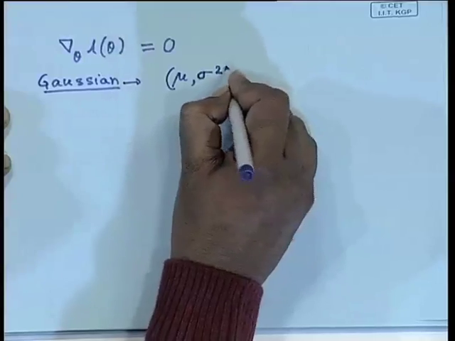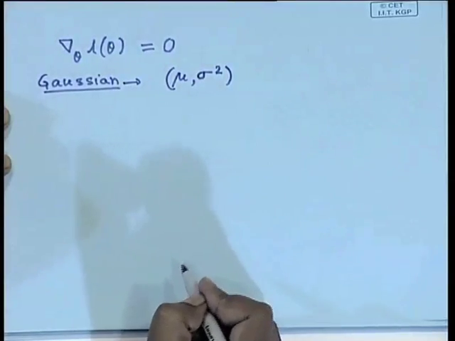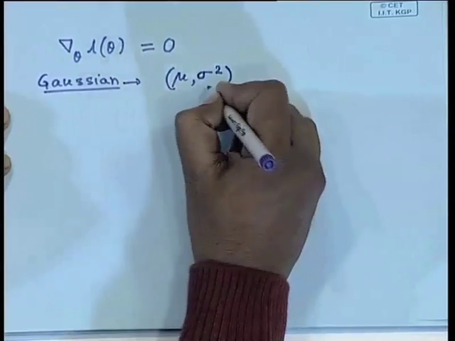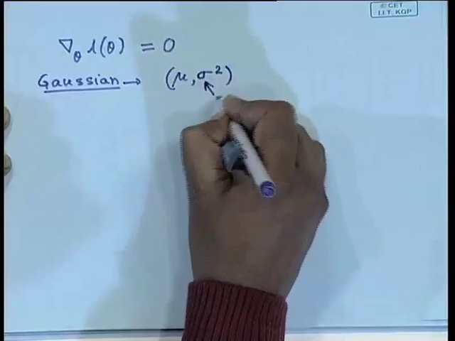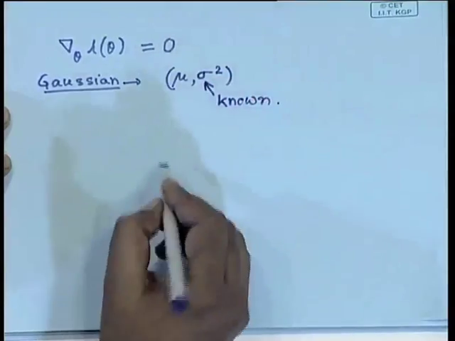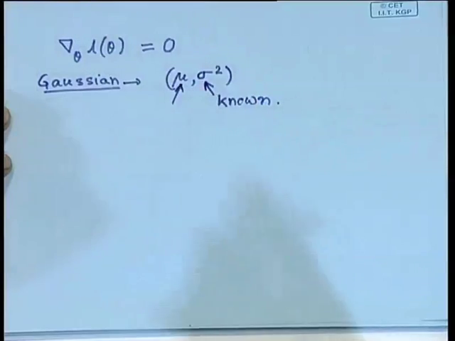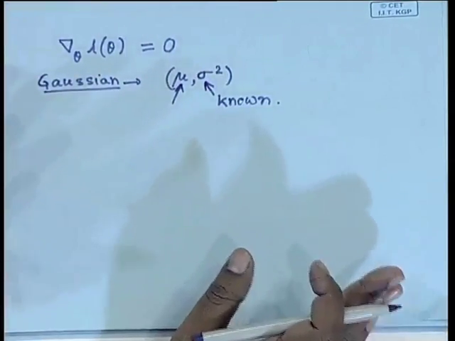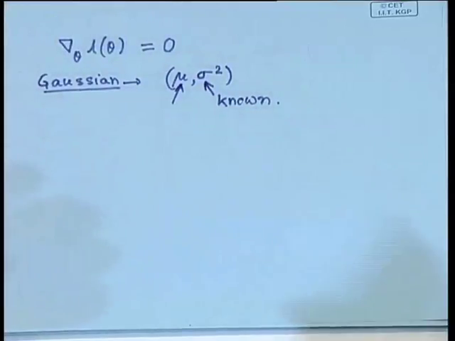So, the parameter vector is actually given by mu, sigma square. And initially for simplicity let me assume that sigma square is known. So, what I have to find out is the mean mu. Okay. So, let us see whether by using this maximum likelihood estimate procedure I really get the mean value, given a normal distribution with mean mu and a known variance sigma square.